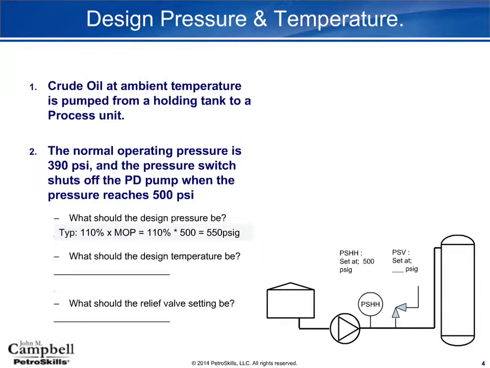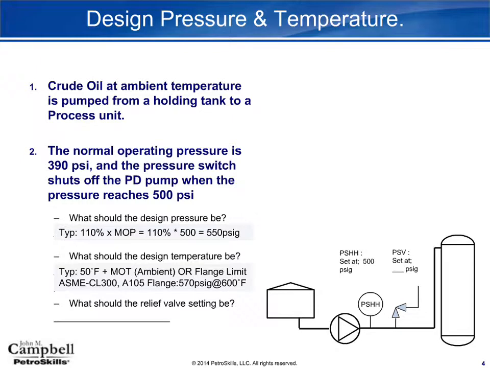There may be a bigger question about temperature, and we don't quite have enough information here to define the design temperature. But if I assumed an ambient condition, then I might start with a minimum design temperature of 150, or take my operating temperature and add 50 to it.